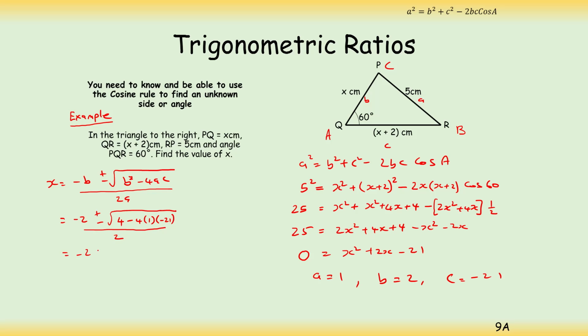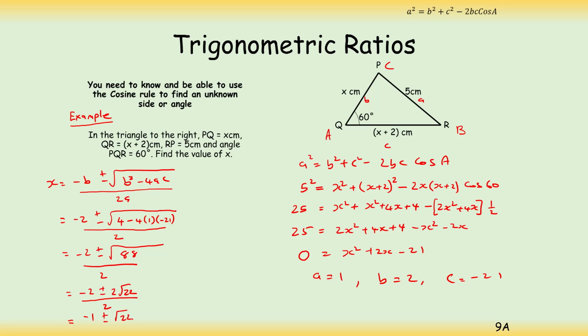So that's minus 2 plus or minus the square root of 4 plus 84, so 88, all over 2. And that's minus 2 plus or minus 2 root 22 over 2, which is equal to minus 1 plus or minus the square root of 22.